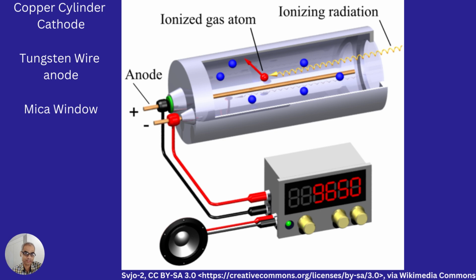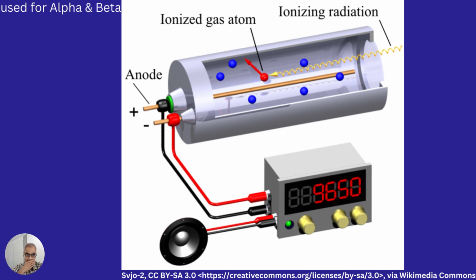Now when these electrons get attached with the anode, it will create a signal which can be detected by the detector. Also we can hear the sound of this click when this electron will reach the anode. This instrument can be used for detection of alpha decay and beta decay.